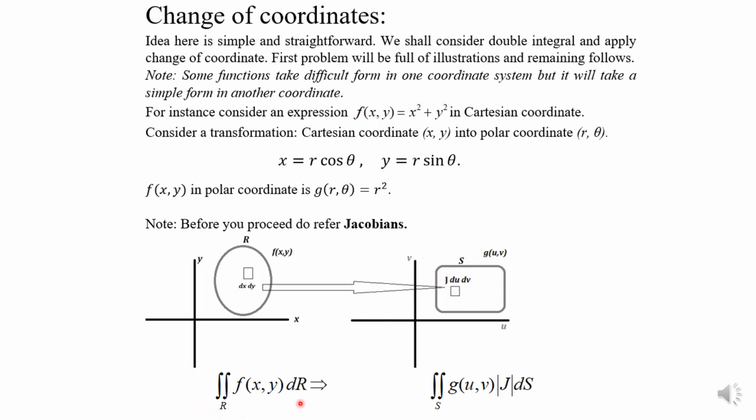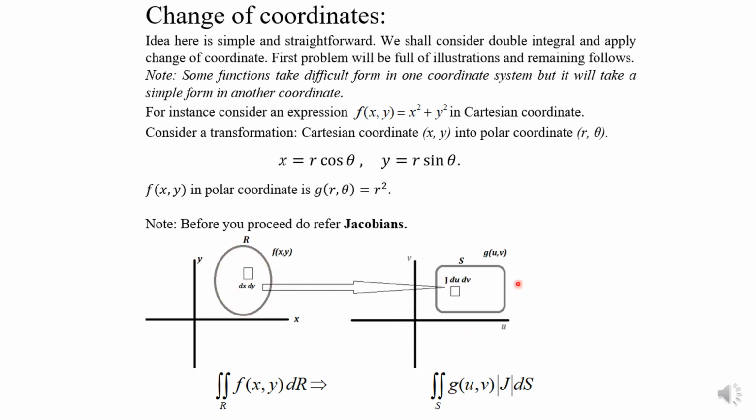Integration of f of x over dR will change to an integration. Now f, we named it as g because it will take a different form, which will be a function of u and v. And this particular region R, this is just for understanding purposes only, I made it. It may not happen so, but here it is kind of an elliptic area.